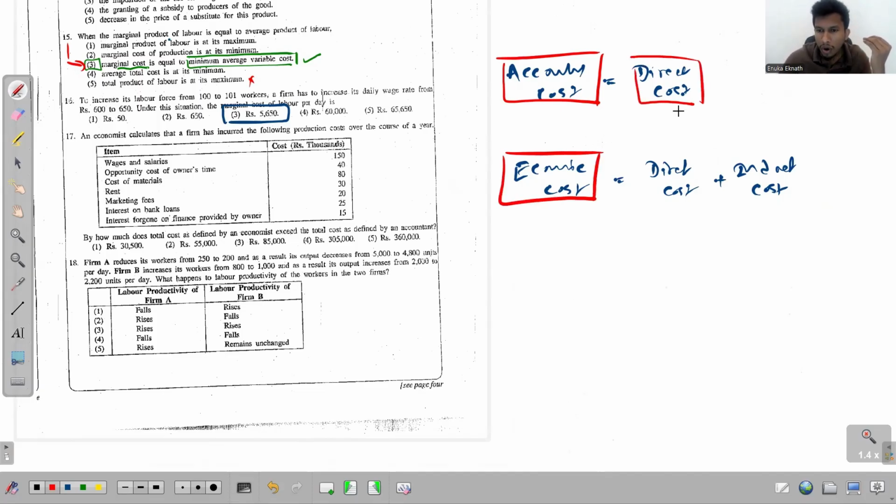This part is common to both equations, but economic cost exceeds the accounting cost by the amount of indirect cost. And that's what they ask us to calculate in this question. You don't need to calculate both accounting cost and economic cost. If you know the theory, you can understand that economic cost exceeds the accounting cost by the amount of indirect cost. You simply need to calculate the amount of indirect cost.